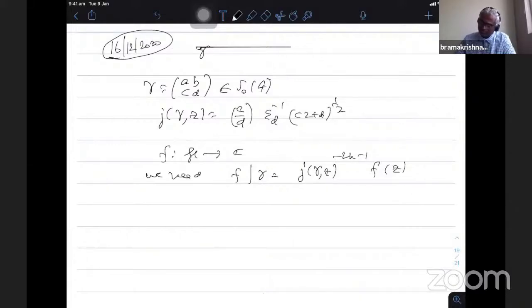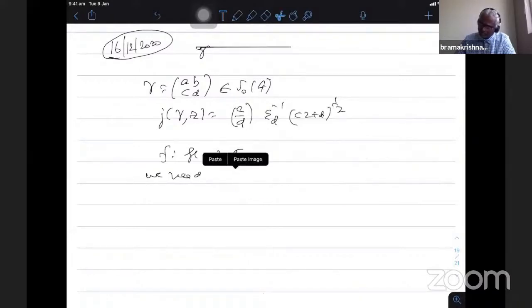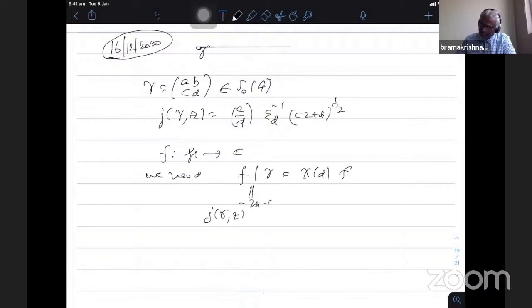No, this is not the one. What we need is F bar gamma equals chi of d times F, where this is defined as J of gamma, z to the power minus 2k minus 1, F of gamma z.